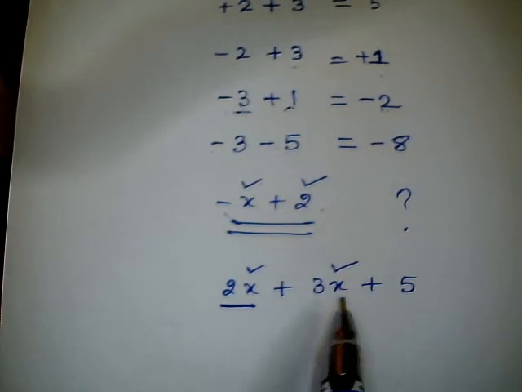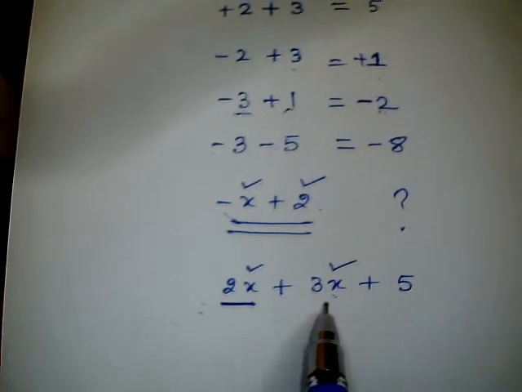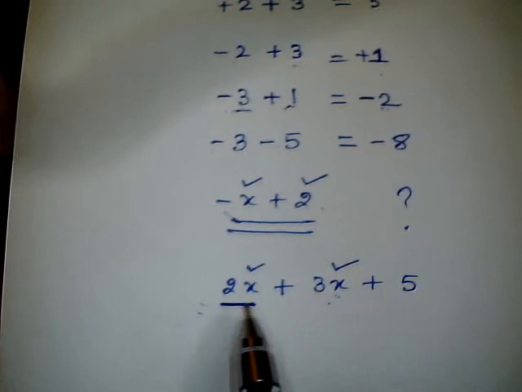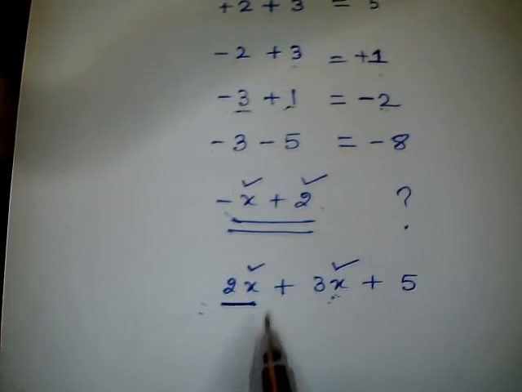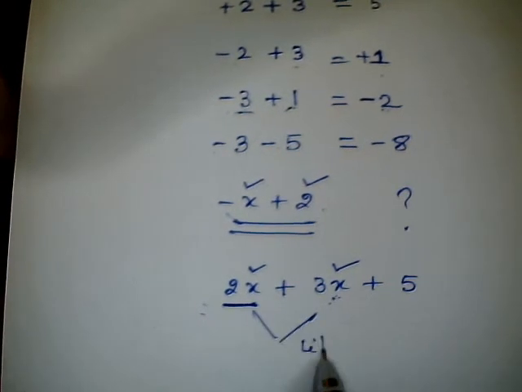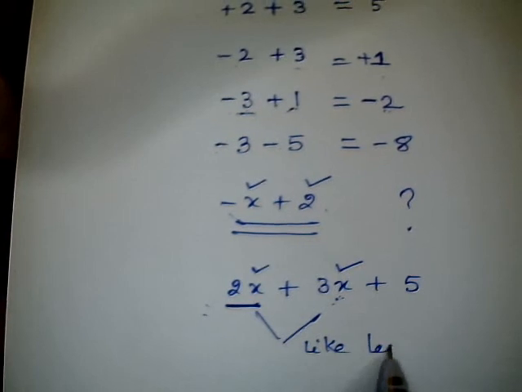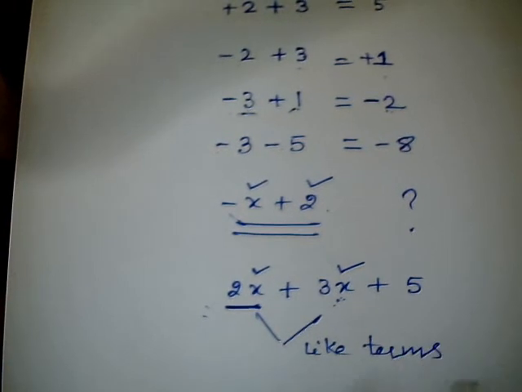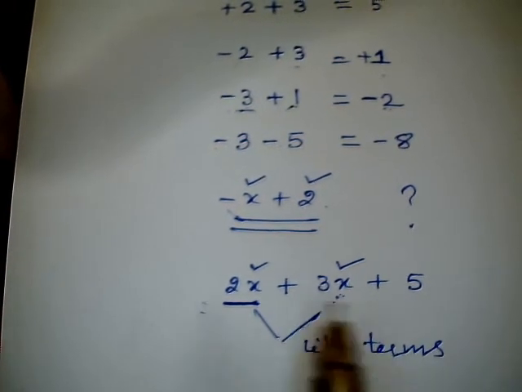Why? Because this contains x, this contains x, so these are like terms. If like terms are there, then like terms will get added or subtracted as per their sign. Here 2x, what is the sign? Positive, so this and this will get added.